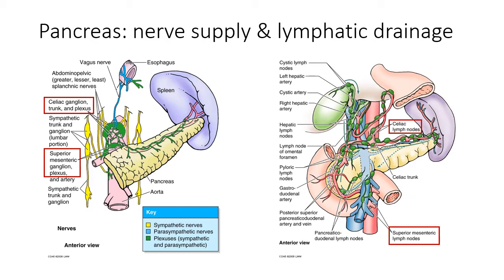Because it has dual blood supplies, the nerves and lymphatics follow the arteries to the celiac and superior mesenteric lymph nodes, and to the celiac and superior mesenteric plexus for the autonomic nerve supply.